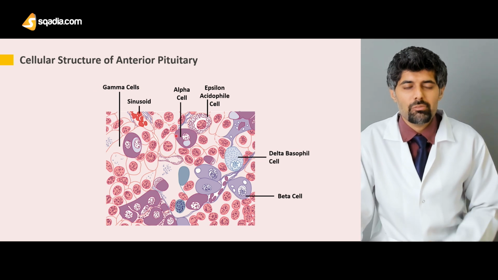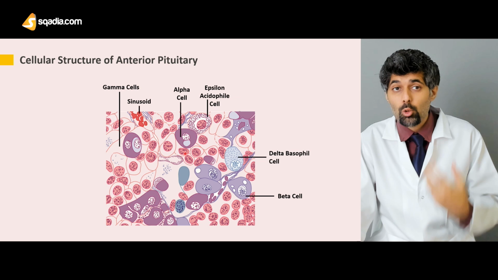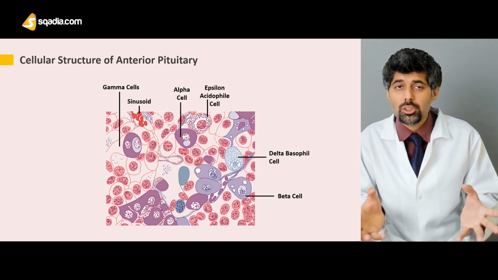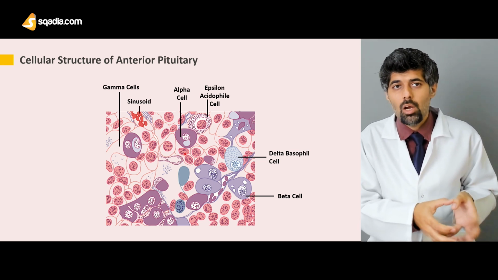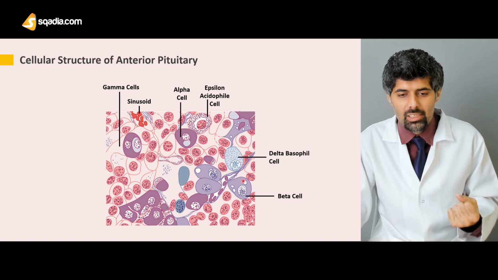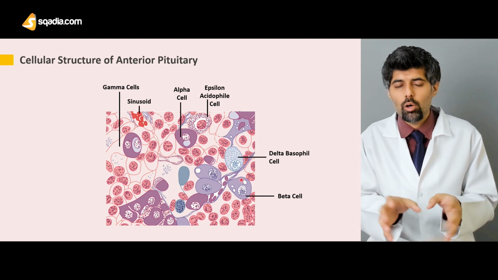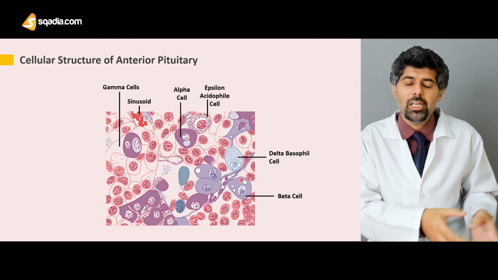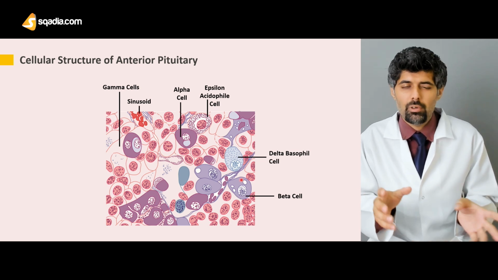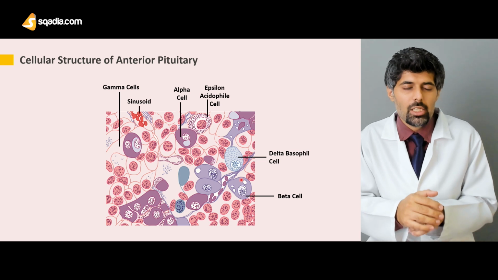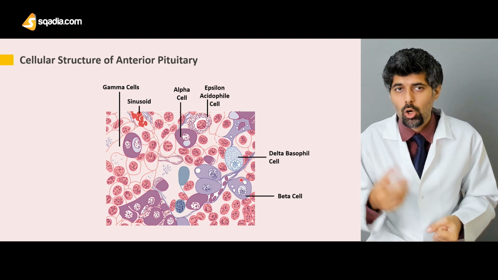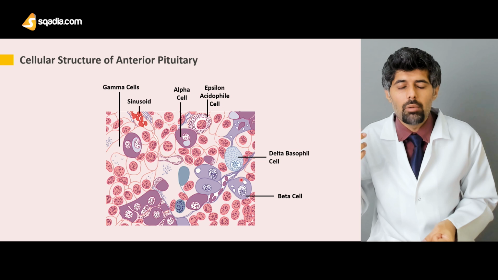Now, the alpha cells, which are somatotropes or which release the growth hormones, form about 30 to 40% of the whole cellular structure of the anterior pituitary, while the thyroid forming cell, which is the beta cell, forms around 30% of the cellular composition of the anterior pituitary, whilst the rest of the cells are only composed of around 3 to 5%, and even though their concentration might be low, they produce very powerful hormones, like for example prolactin.